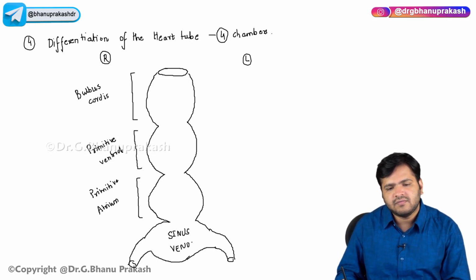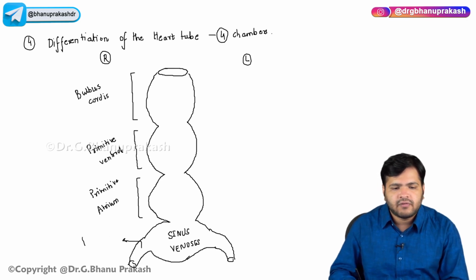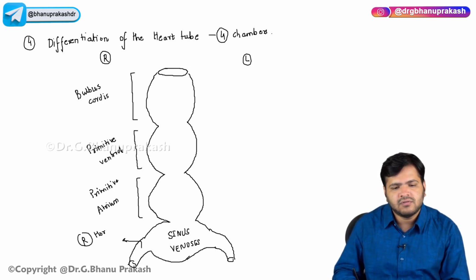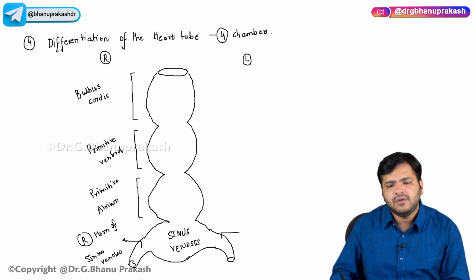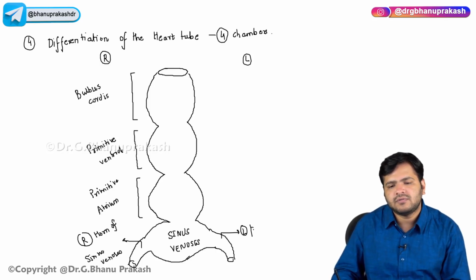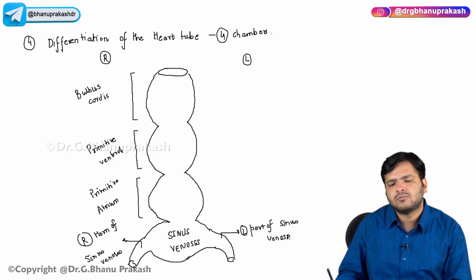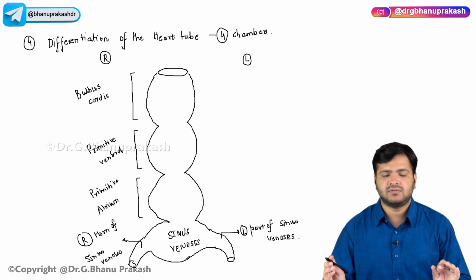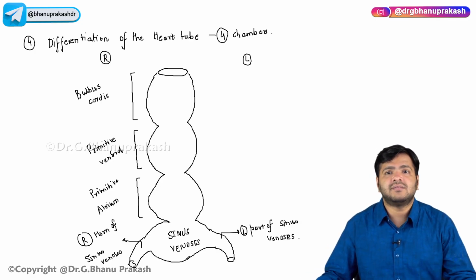The sinus venosus has 2 parts: the right horn of the sinus venosus and the left horn of the sinus venosus. Now let us discuss all the derivatives of this heart tube.